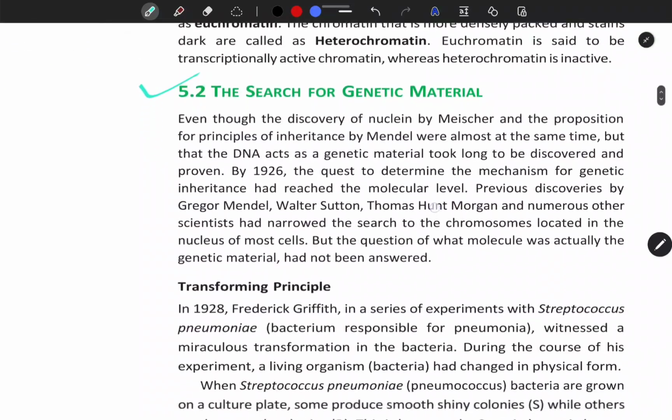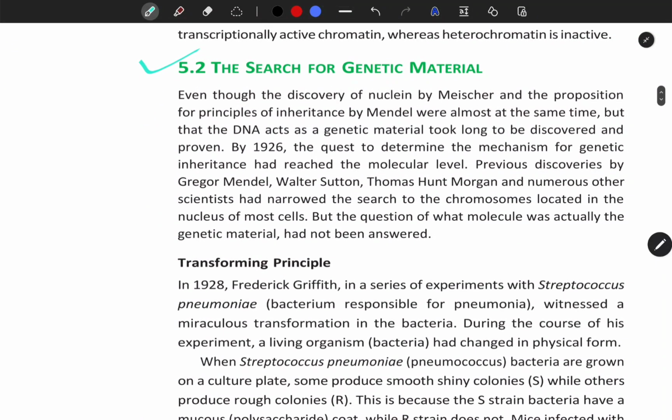5.2 The search for genetic material. Even though the discovery of nuclein by Miescher and the proposition of principles of inheritance by Mendel were almost at the same time, that DNA acts as a genetic material took long to be discovered and proven. By 1926, the quest to determine the mechanism for genetic inheritance had reached the molecular level.